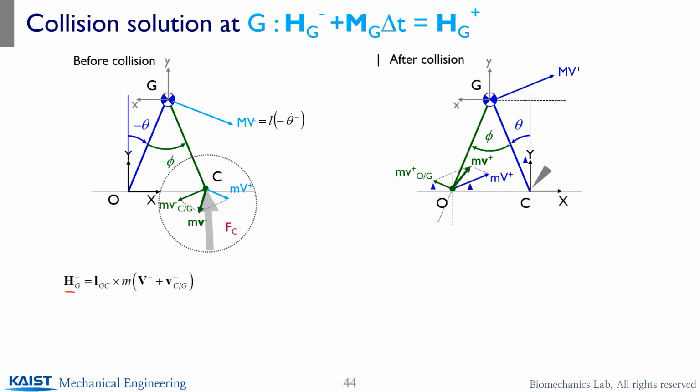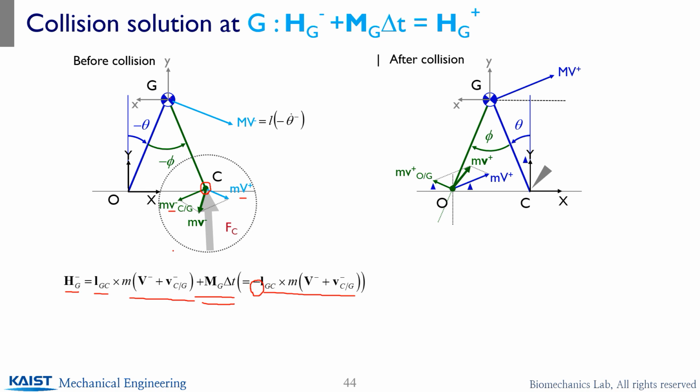For before collision, the angular momentum with respect to G comes only from the swing mass, the swing foot, which is L cross product m v, where v is the vector sum of capital V and the relative v. And you should add the angular impulse. We know from the previous slide that the angular impulse for the swing leg is minus L cross product m v.